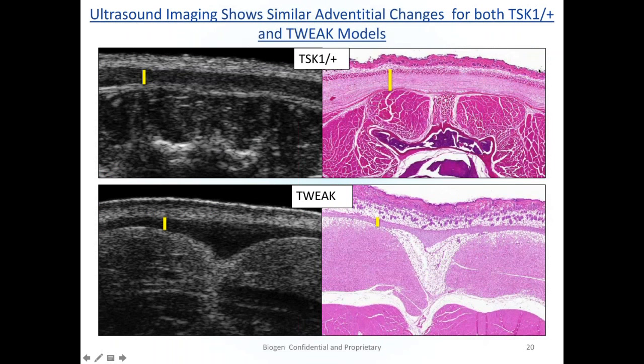Okay. So the last part of our story really was just a curiosity story, because we had been intrigued, as I've said all along. We didn't quite understand what these dark bands meant, these hypoechoic regions that we were seeing both in the TSK model, the first model I showed you, and in this TWEAK model, the second model I was going into.